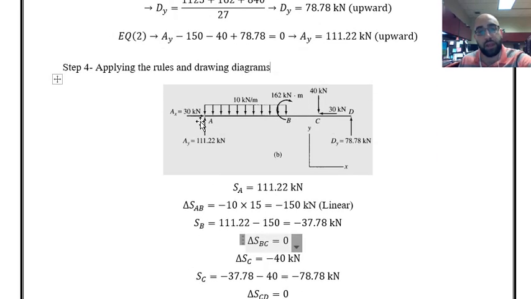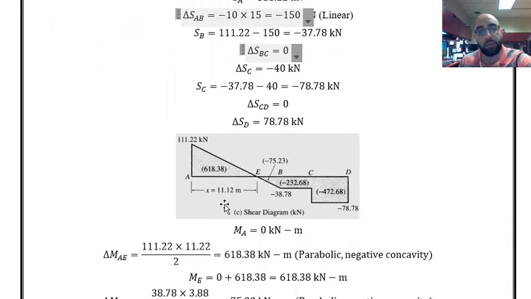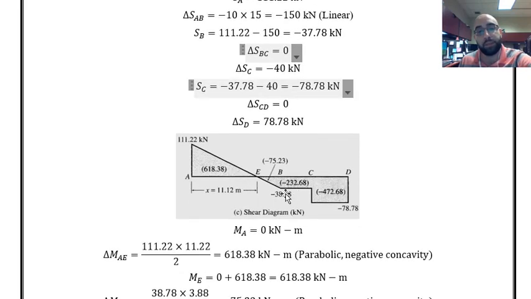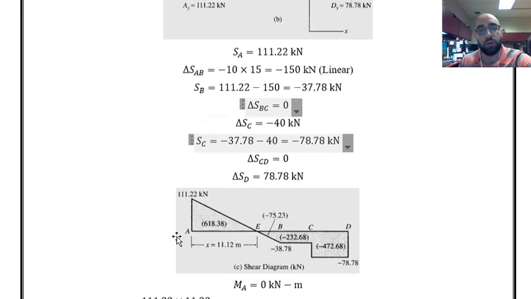That's what we have over here. See, from point A to point B, we have the change in shear from 111.2 to shear in B, which is minus 37.78. And the slope is equal to minus 10.